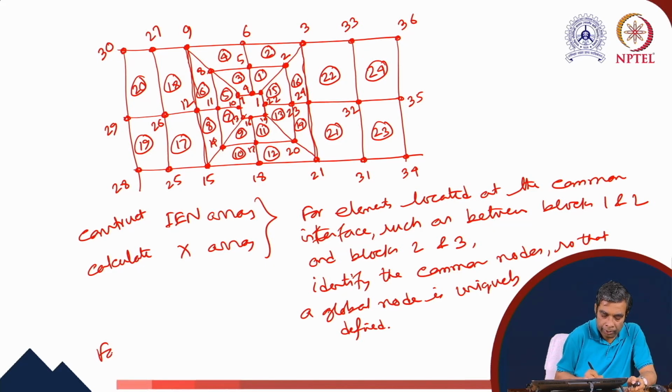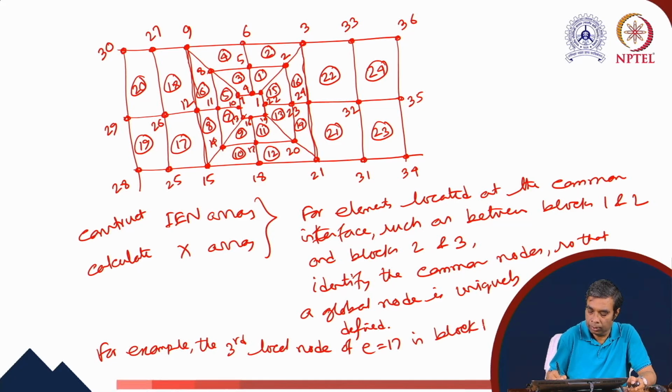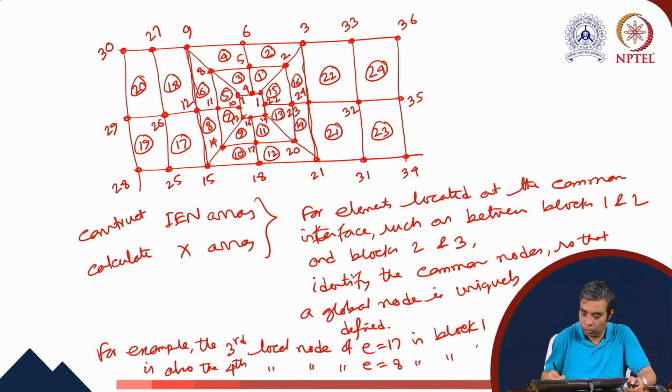For example, the third local node of E equals 17 in block 1 is also the fourth local node of E equals 8 in block 2.